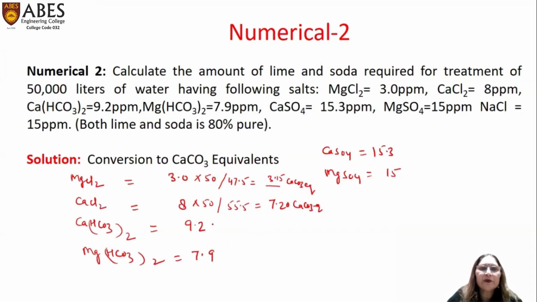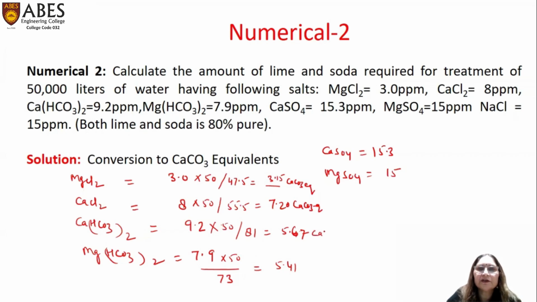And calcium bicarbonate 9.2 into 50 divided by 81, and the answer is 5.67. Magnesium bicarbonate 7.9 into 50 divided by 73, and the answer is 5.41.